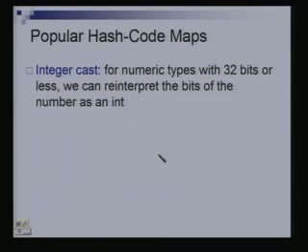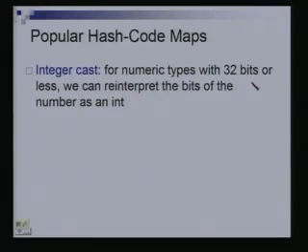So one thing is that we could just take whatever is the bit pattern and interpret it as an integer. So if you have a numeric type with 32 bits or less, we can reinterpret the bits as a number.